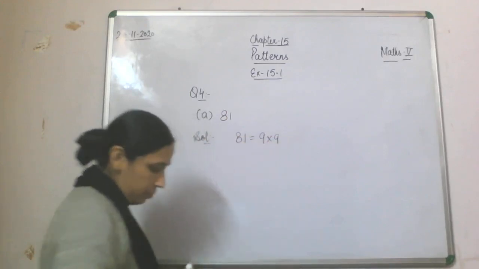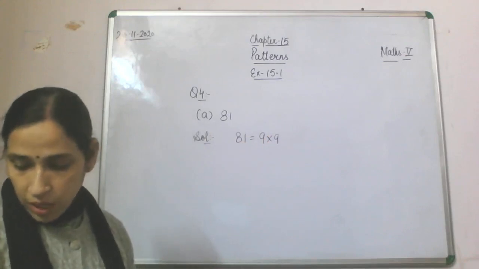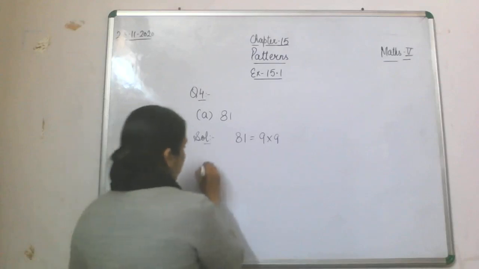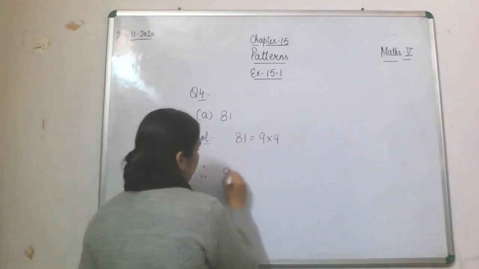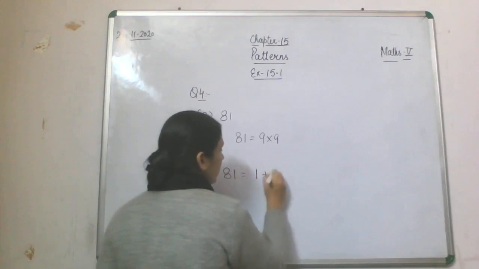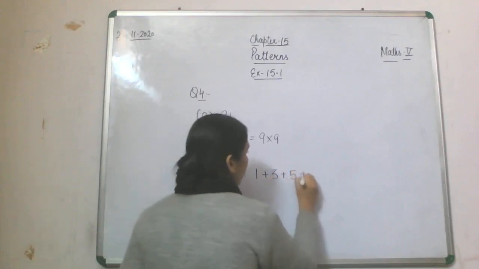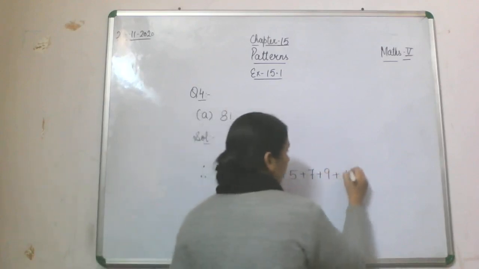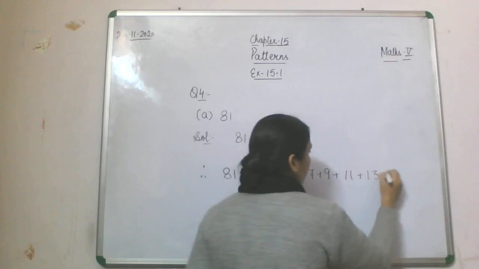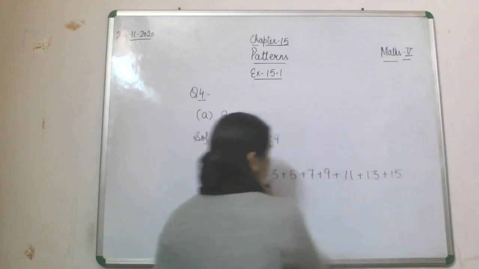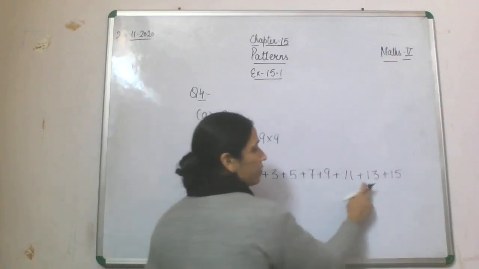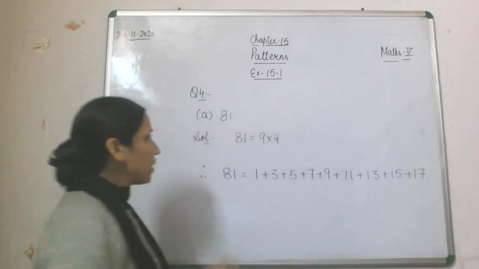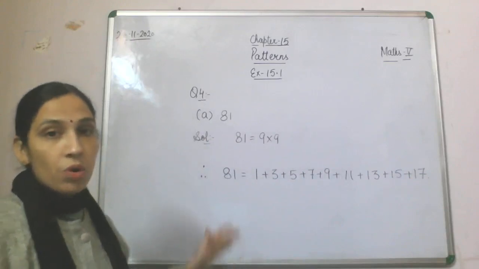It means that it will become the sum of the first 9 odd numbers. Therefore 81 is equal to 1 plus 3 plus 5 plus 7 plus 9 plus 11 plus 13 plus 15 plus 17. 1, 2, 3, 4, 5, 6, 7, 8, 9.